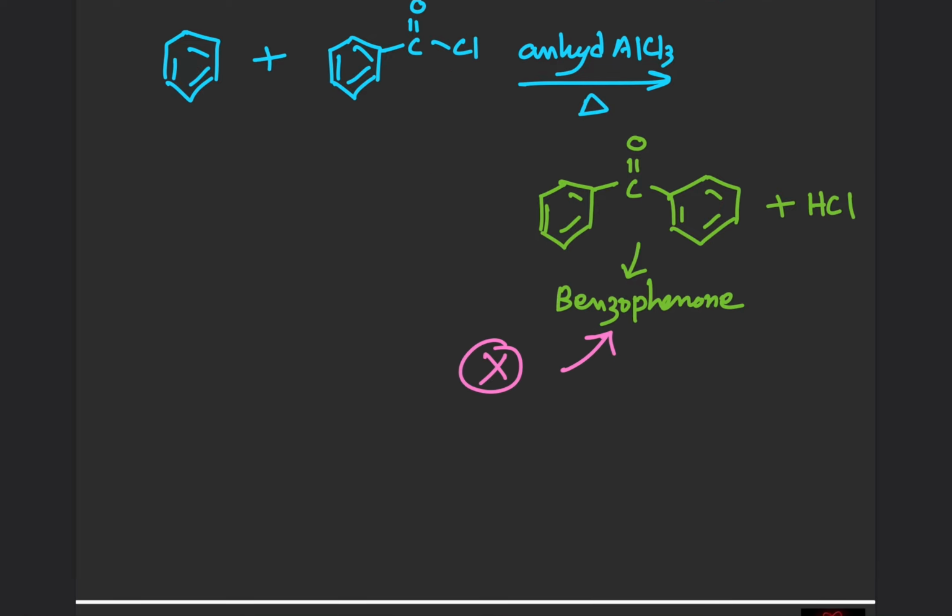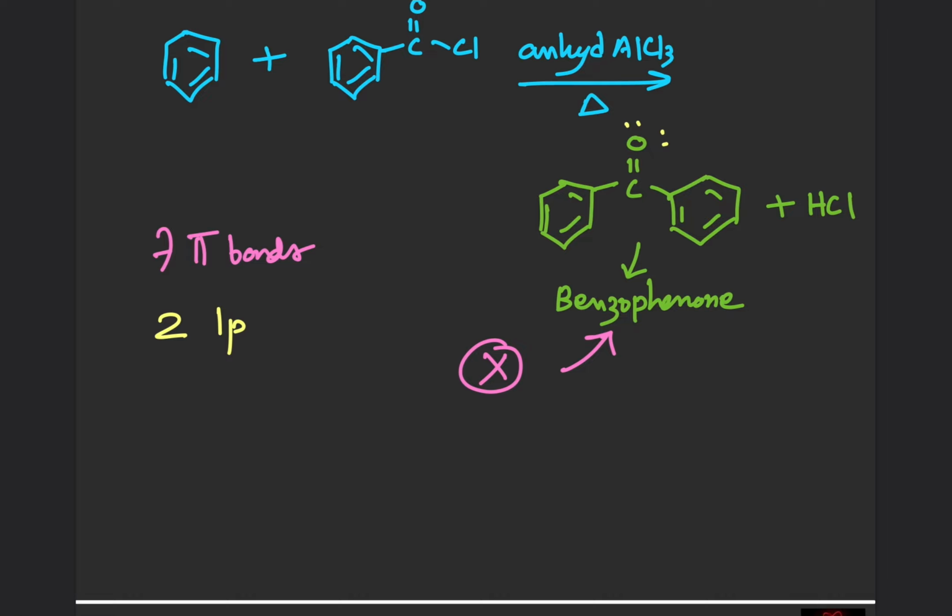Okay, it consists of 7 pi bonds. So 1, 2, 3, 4, 5, 6, and 7. So it has 7 pi bonds. And also there are 2 lone pairs on oxygen. So 1 and 2. 7 pi bonds and 2 lone pairs. Okay.